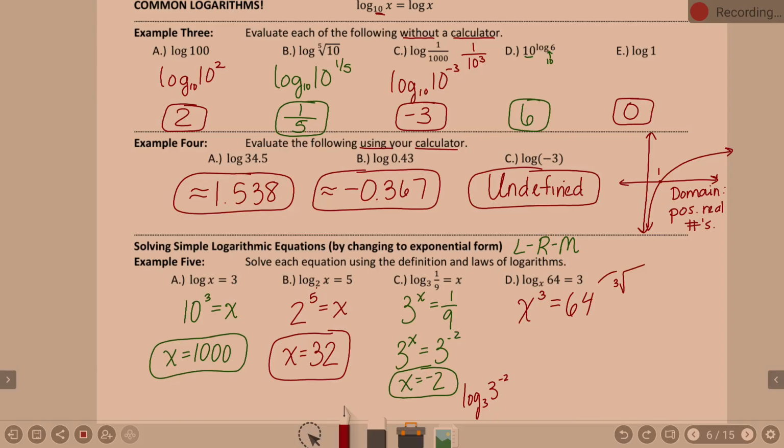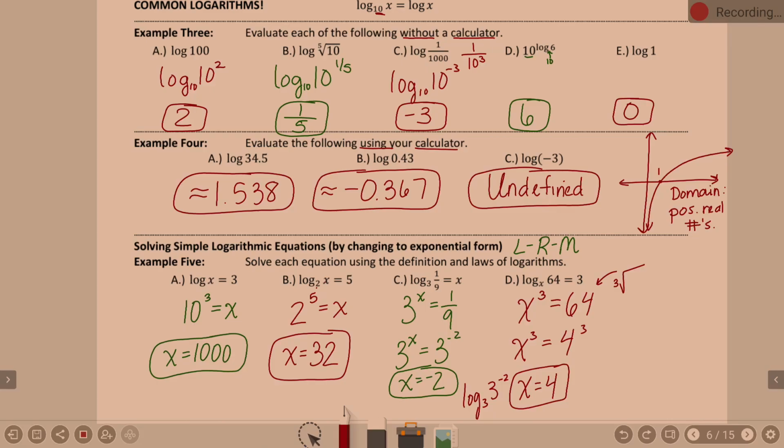The other option is I could rewrite this as x cubed equals 4 cubed. It's the same idea. Either way, x is 4. Yes? Okay. Are we okay?